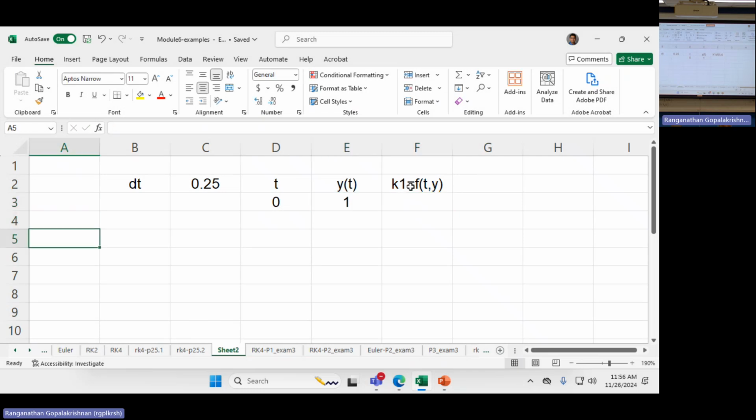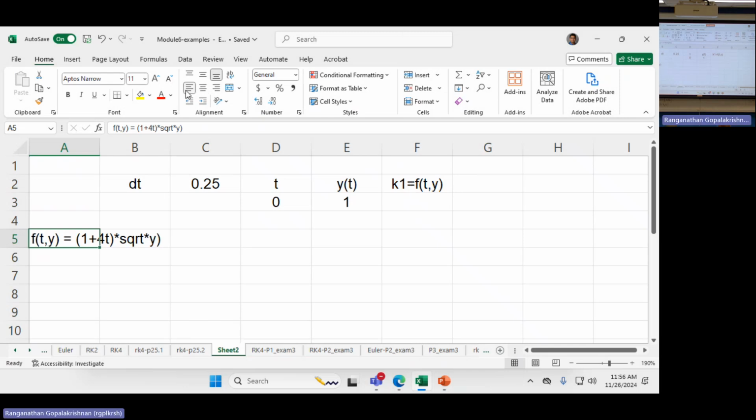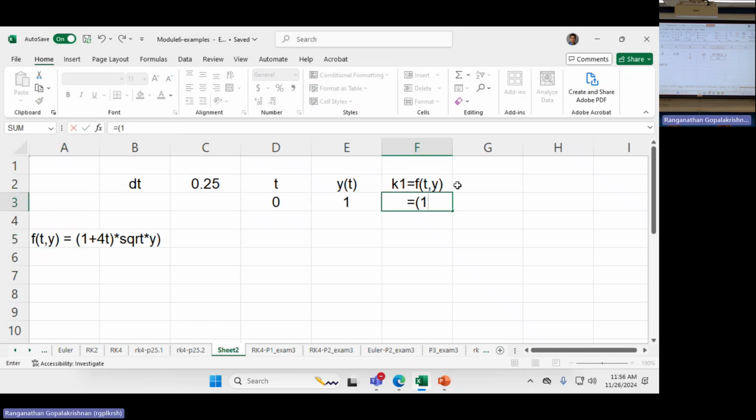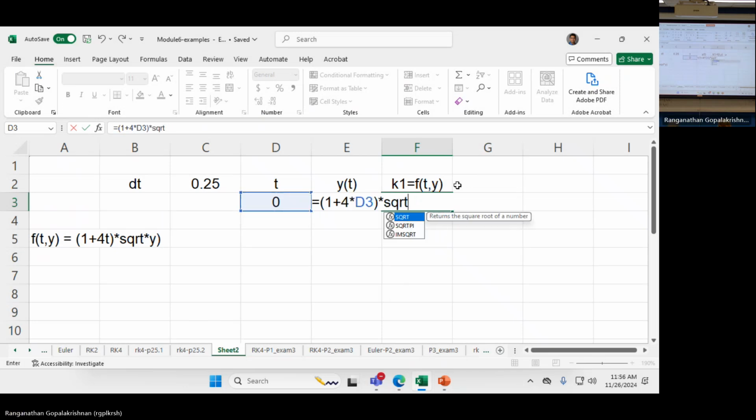To remind yourself, f of t comma y is 1 plus 4t times square root of y. If you keep forgetting, that's the function you need to calculate, which is 1 plus 4 times whatever time is, multiplied by square root of whatever y is.